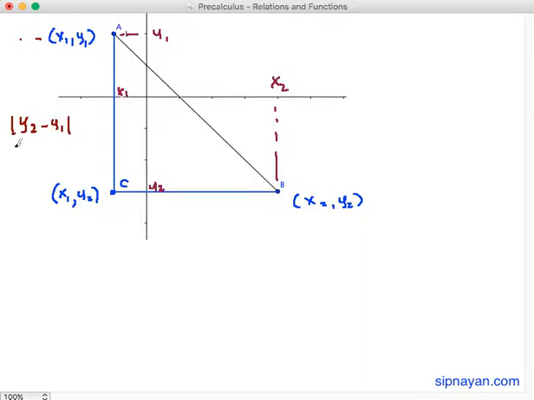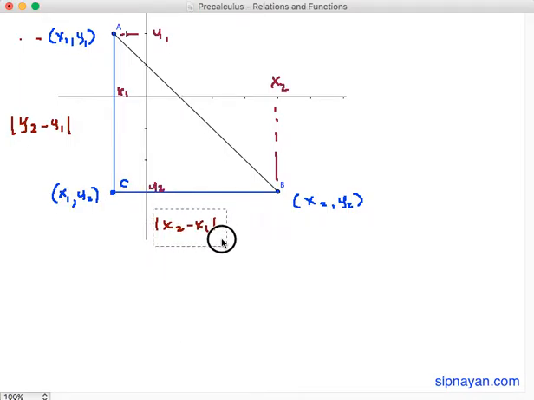The absolute value makes the difference positive, whatever the difference here. It's possible that they are reversed, and then the difference would be negative. So to make sure it's positive, we put the absolute value. Here it's the same: x sub 2 minus x sub 1, with an absolute value too.